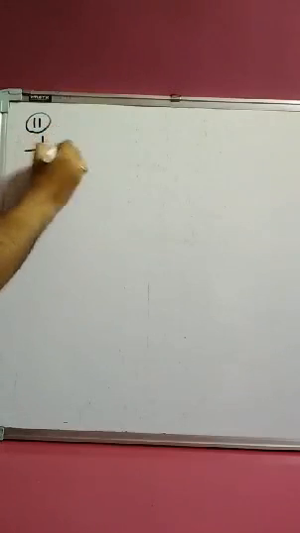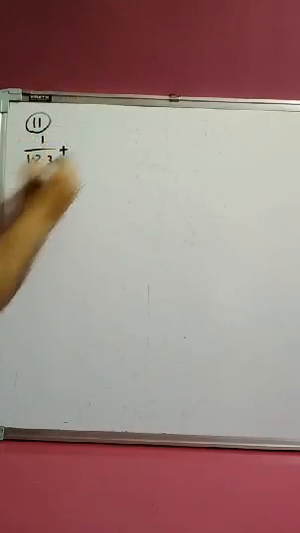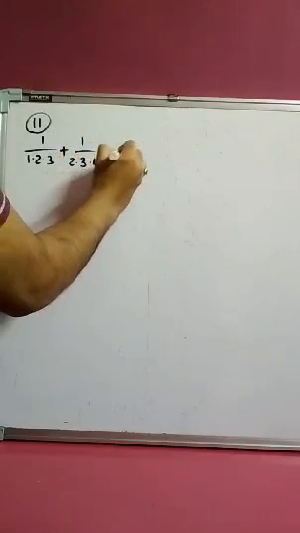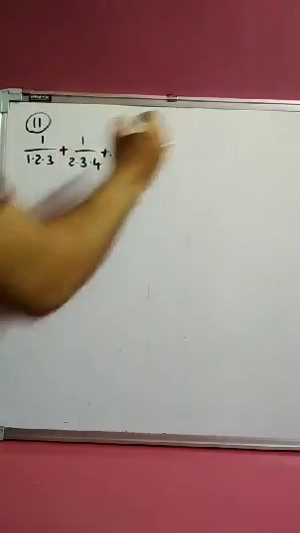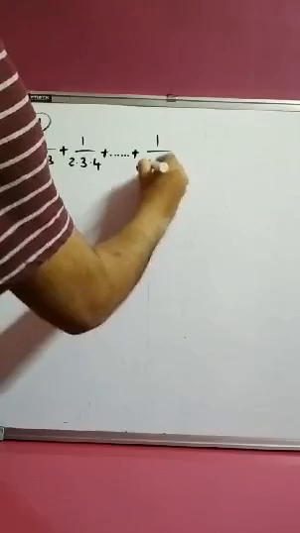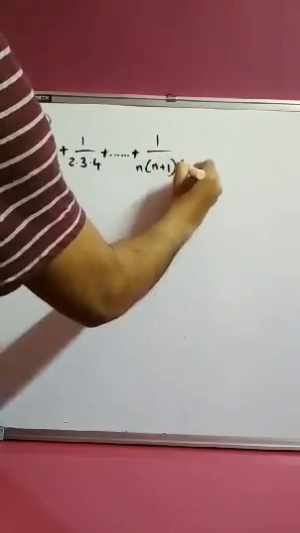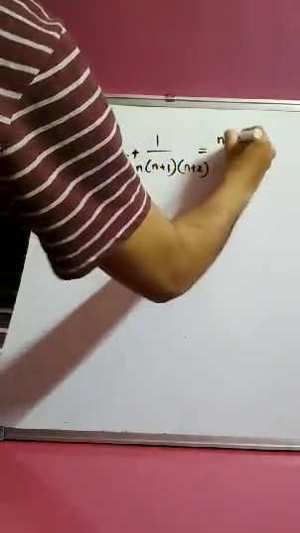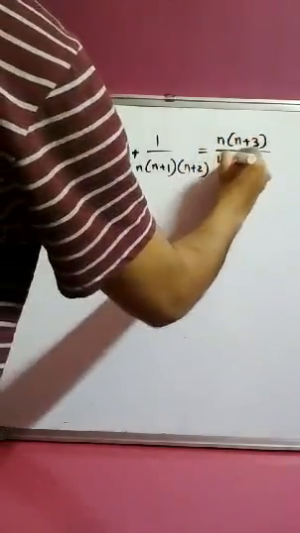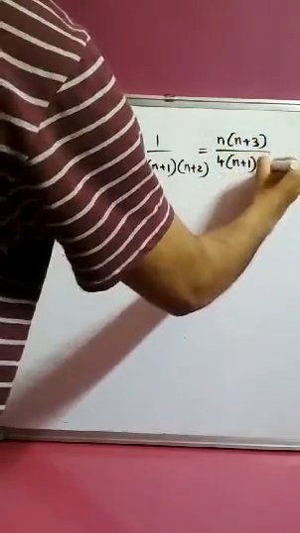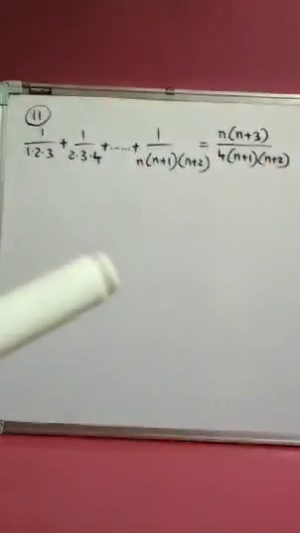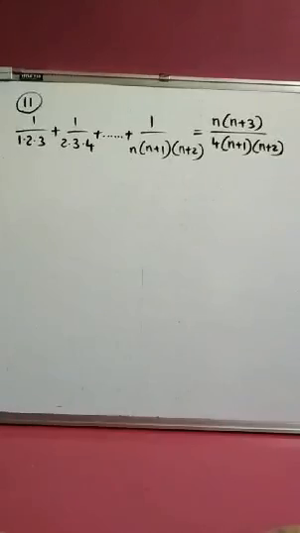It is given 1 upon 1 into 2 into 3 plus 1 upon 2 into 3 into 4 till 1 upon n into (n plus 1) into (n plus 2) is equal to n into (n plus 3) divided by 4 into (n plus 1) into (n plus 2). See, this is our question, right?